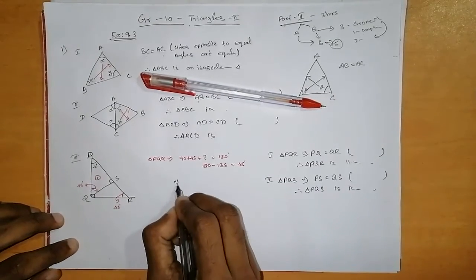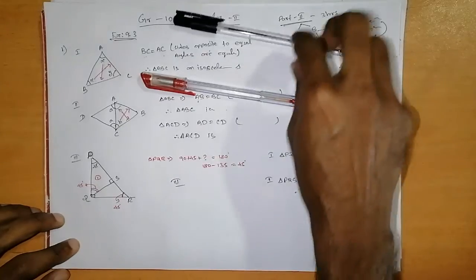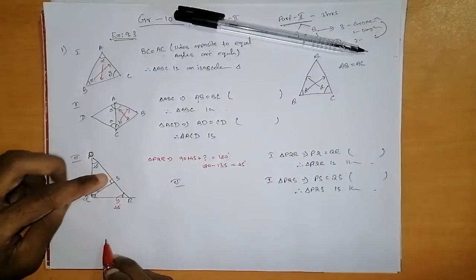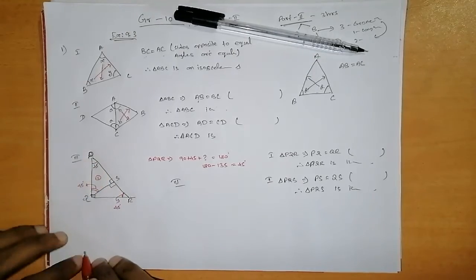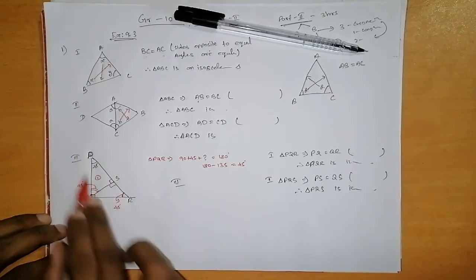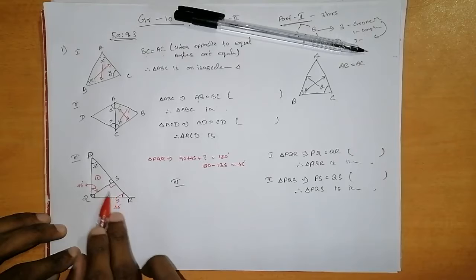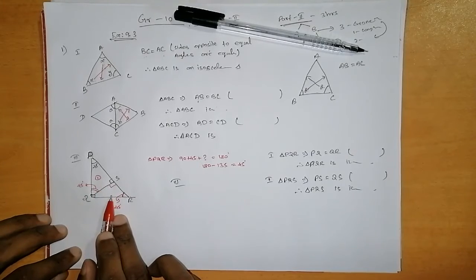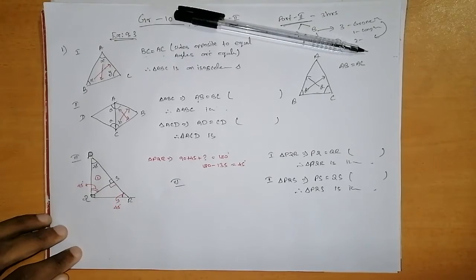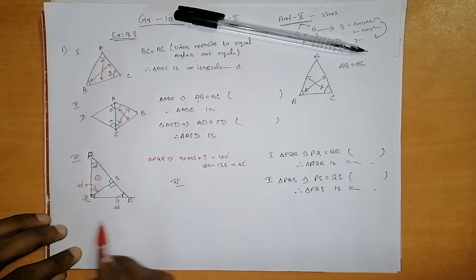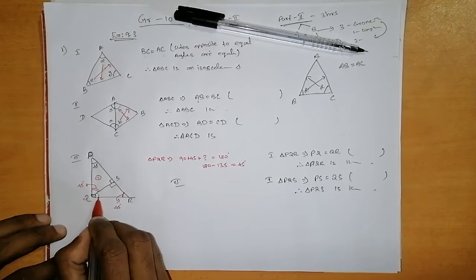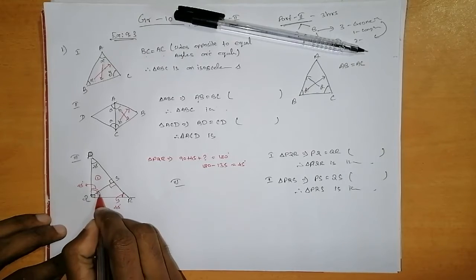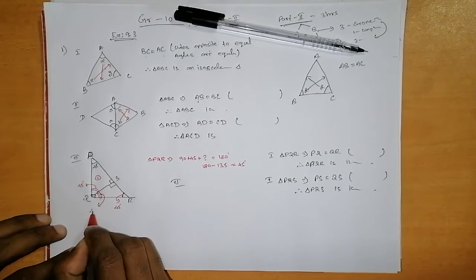What is the third pair? We have another remaining pair. If this angle is 90, the other angle is also 90, because PSR is a straight line. Those are adjacent angles, the sum is 180, so this one is also 90. Now come to triangle QSR. This one is 90, this one is 45. By the same theory, the other is also 45.